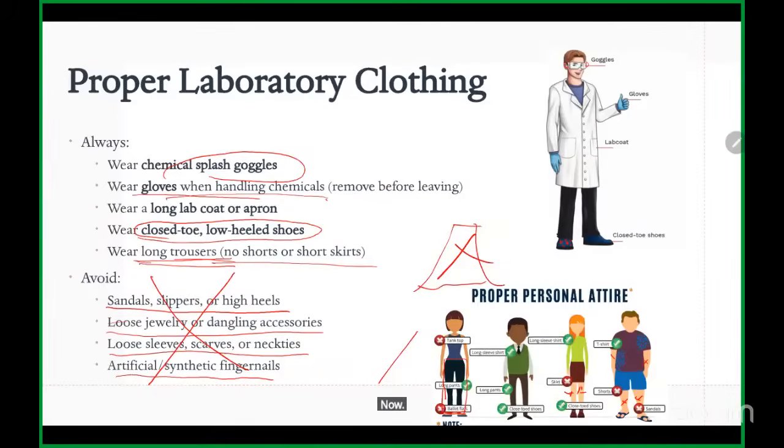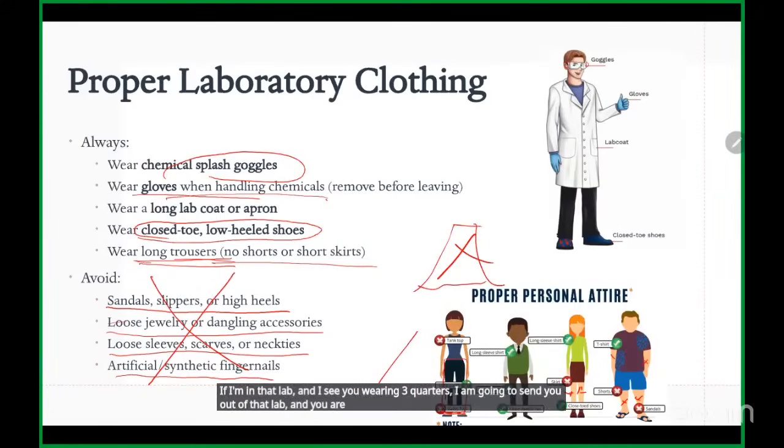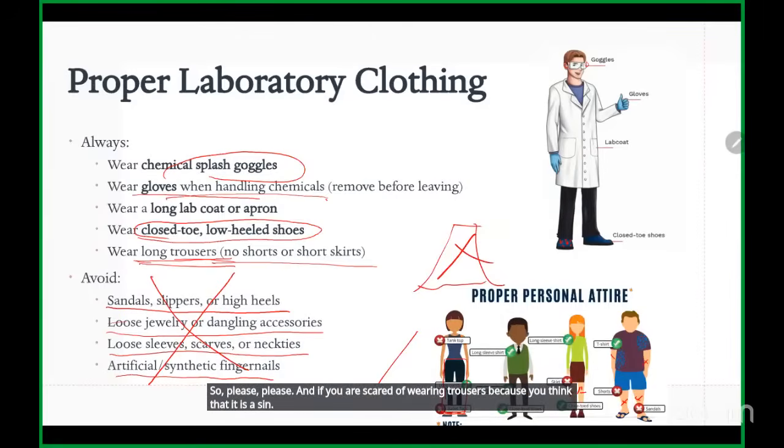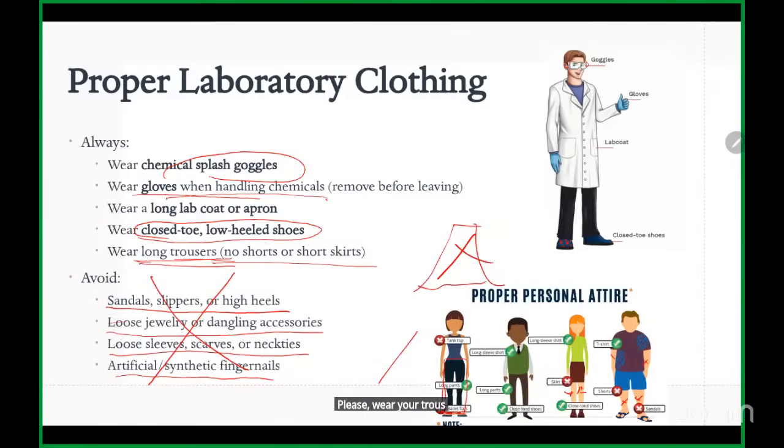Now, let me come back to this issue of long skirts again, because some people will say their skirt is long, it will be 3/4. If I'm in that lab and I see you wearing 3/4, I am going to send you out of that lab and you are going to score a 0. So please, if you are scared of wearing trousers because you think that it is a sin, please wear your trousers under it and wear your skirt on top of it.